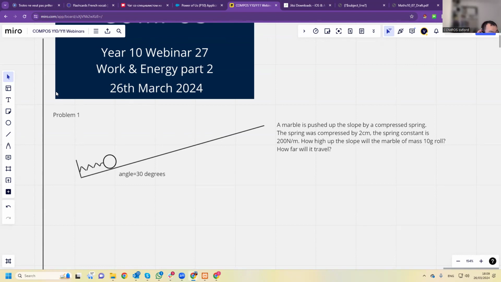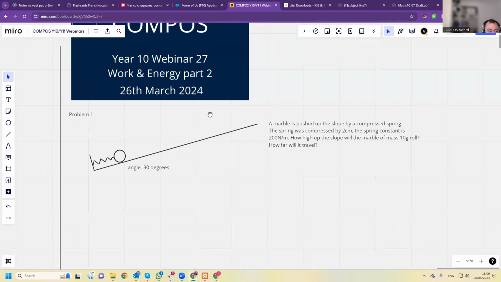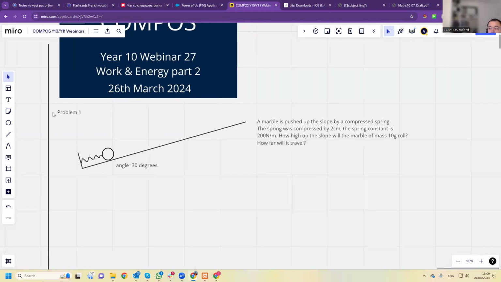Kinetic. Yeah, when it's released, it's kinetic. But before it's released, what's it going to be? Be a bit more specific. What type of energy? Elastic potential energy. Yes. So at the start, we have elastic potential energy stored in the spring.